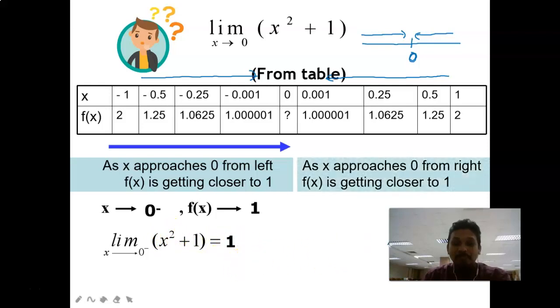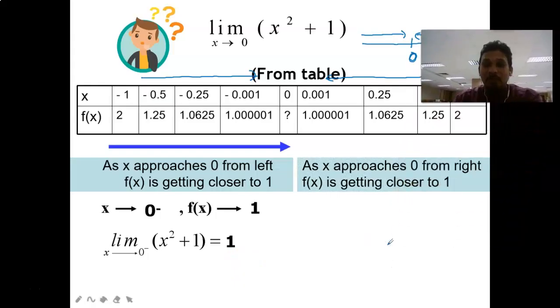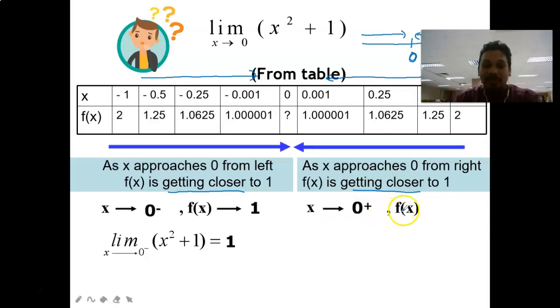Okay, and now when x approaches 0 from the right, f(x) is getting closer. Okay, this is a keyword, getting closer. It's not exactly 1. So when x approaches 0 from the right, then f(x) approaches 1.